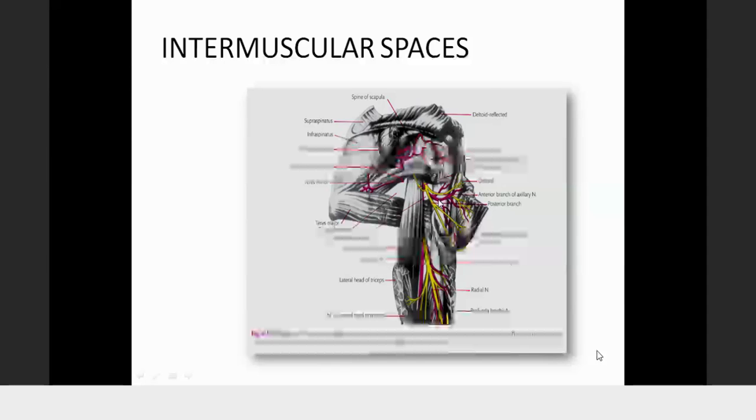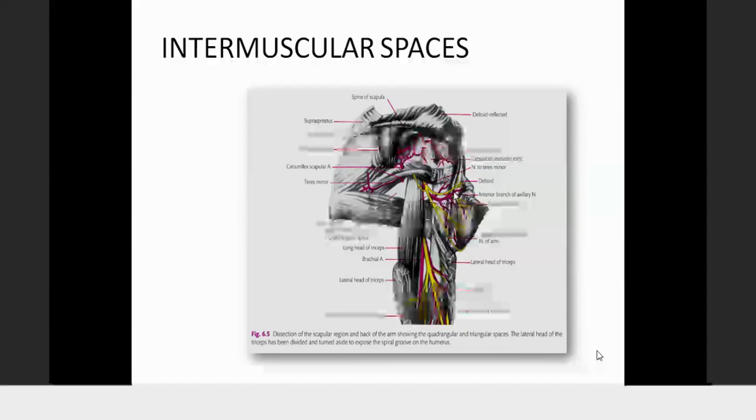The vessels are the posterior circumflex humeral artery and vein. Posterior means they are coming from posteriorly, running posteriorly. Circumflex means they are taking a turn, encircling the surgical neck of humerus.